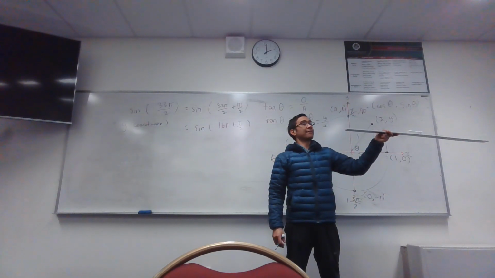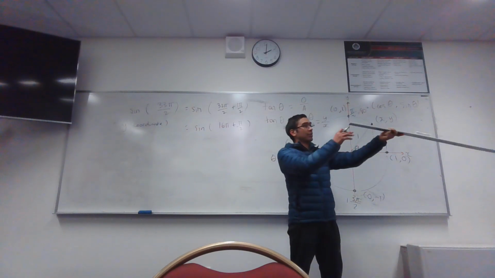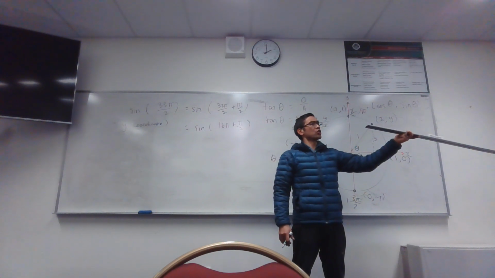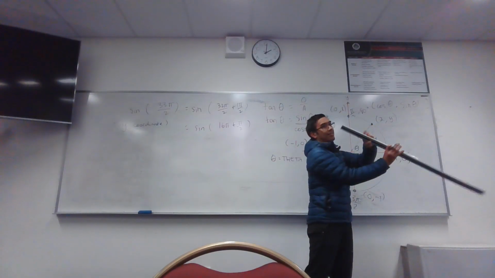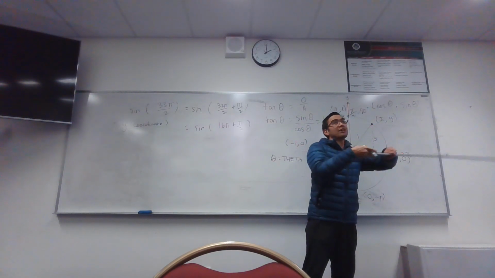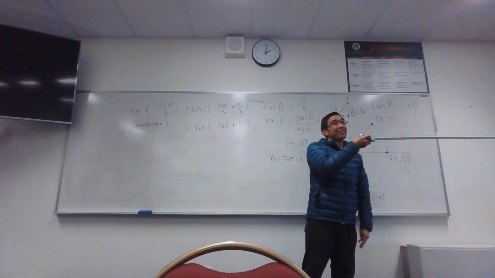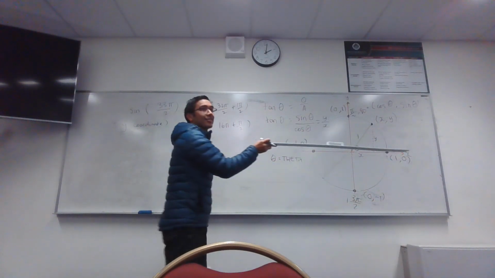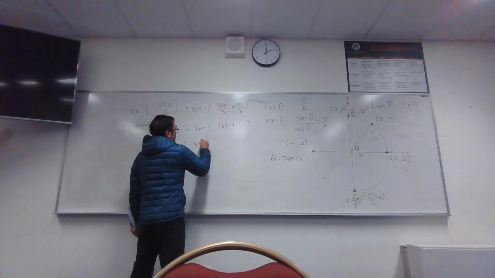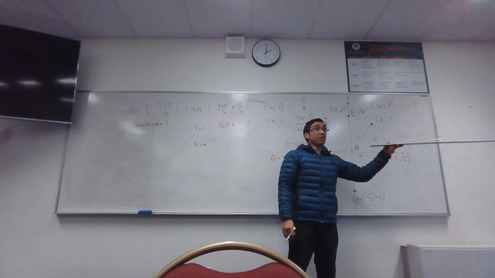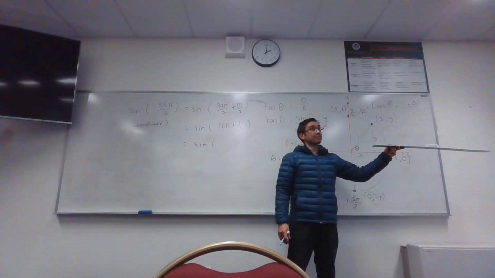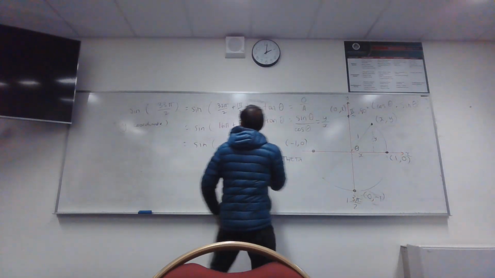Twice. 2 pi, 4 pi, all the way to 16 pi, so 8 times around. Okay, so what is 16 pi also equal to? 0.